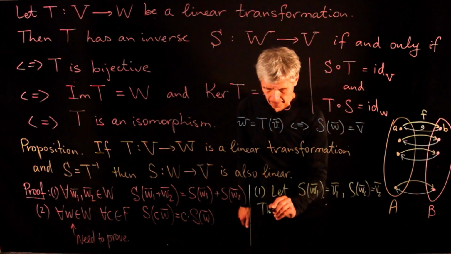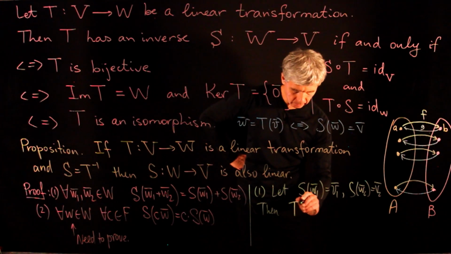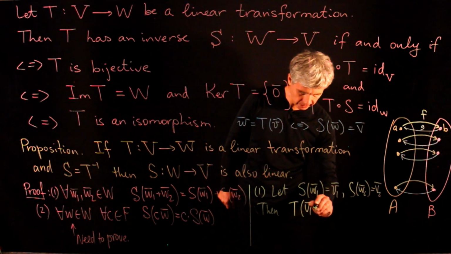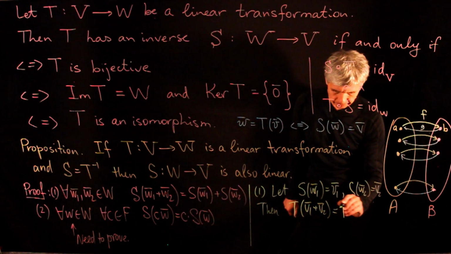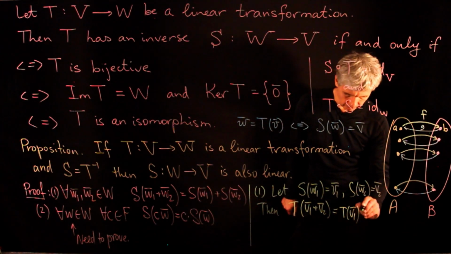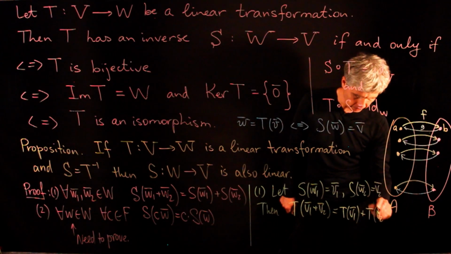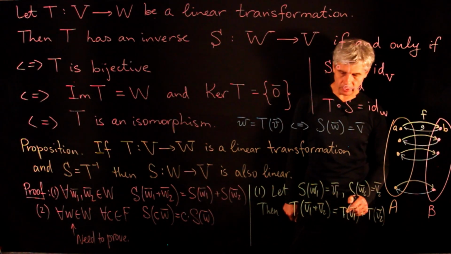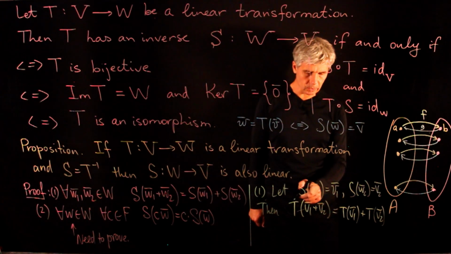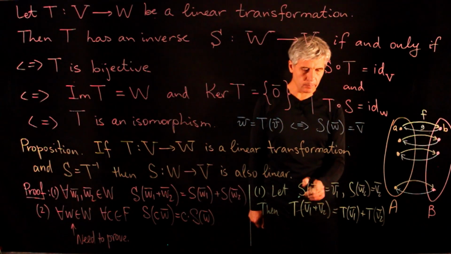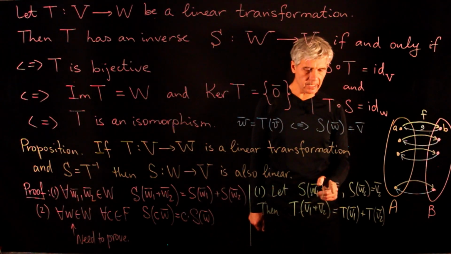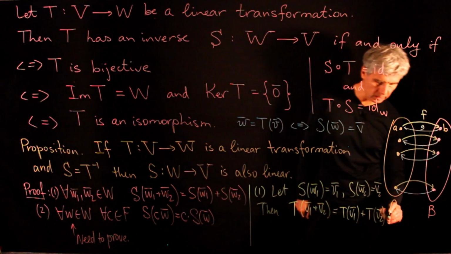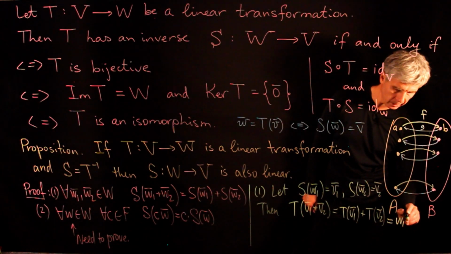So then T of V1 plus V2 is equal to T of V1 plus T of V2, because T is a linear transformation. And saying that S of W1 is V1, by this principle says that T of V1 is W1. So this is equal to W1 plus W2.